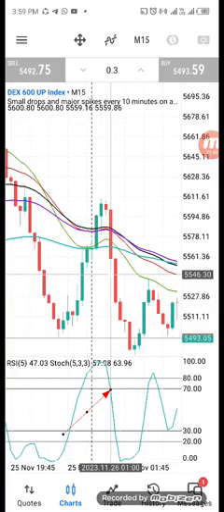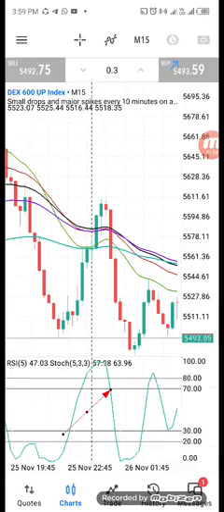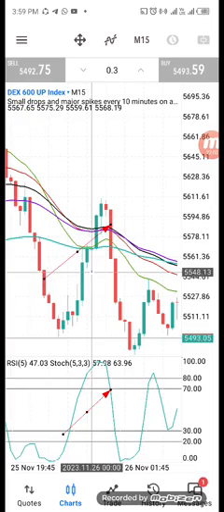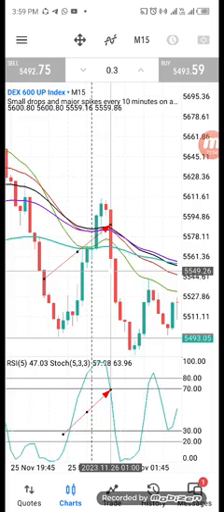Can you see now? So as at the time we have our RSI moving down, this particular candle is far below all the moving averages, because this is the candle that triggers the entry.